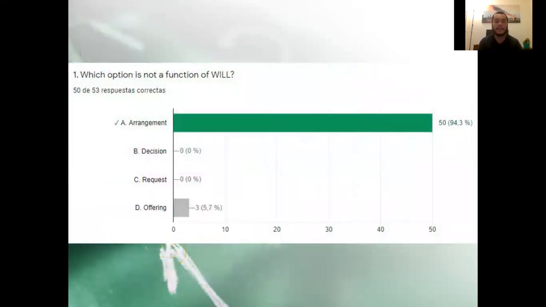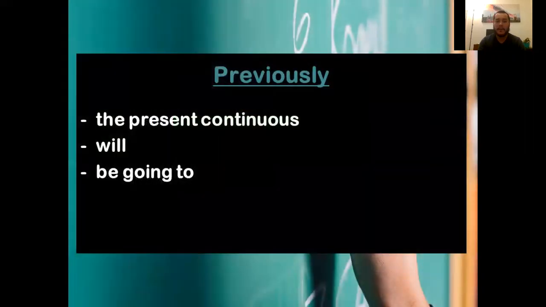Number one says, which option is not a function of will? Letter A says arrangement, which is the correct answer. B, decision, C, request, and D, offering. As I said before, arrangement is the correct answer. And why? Look at this.